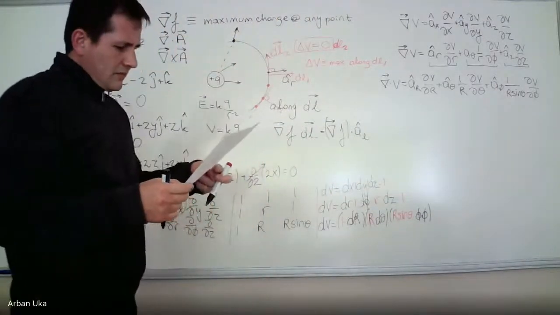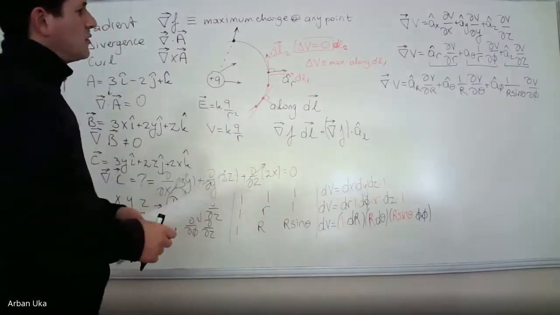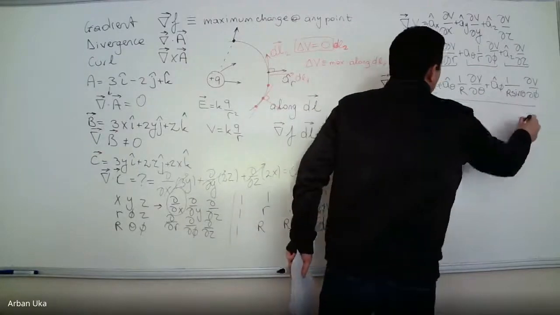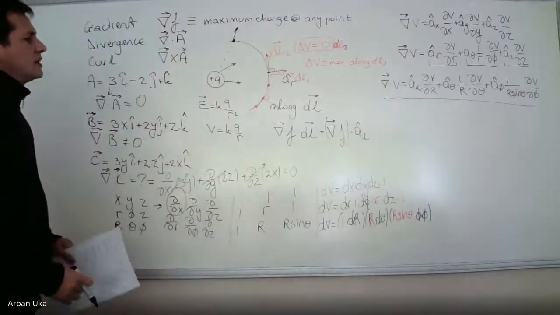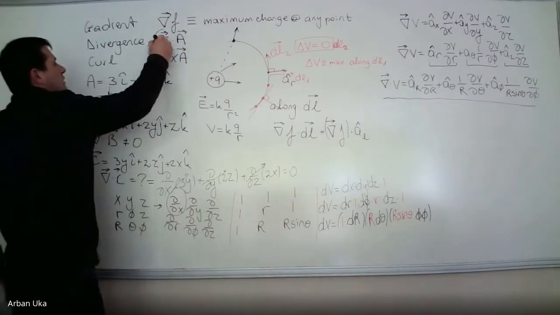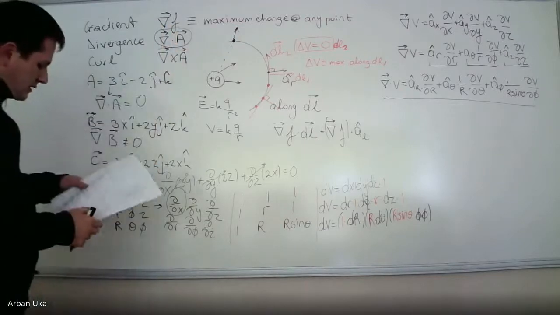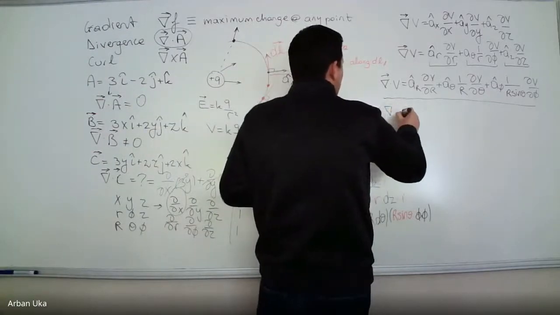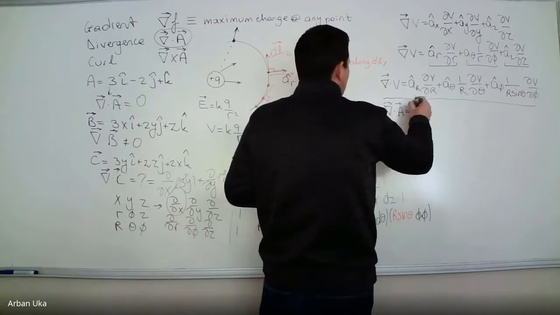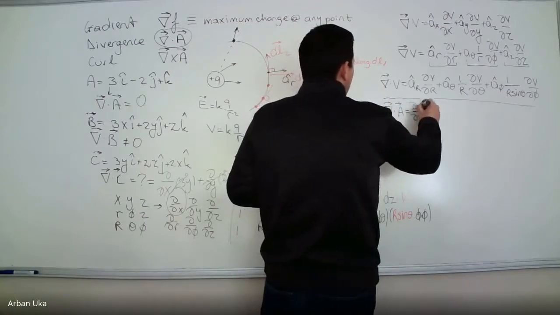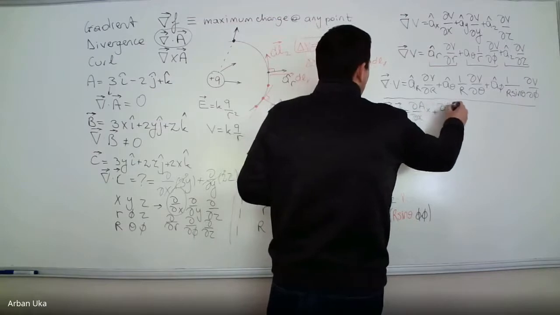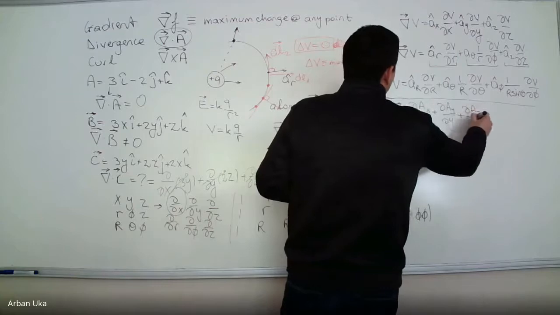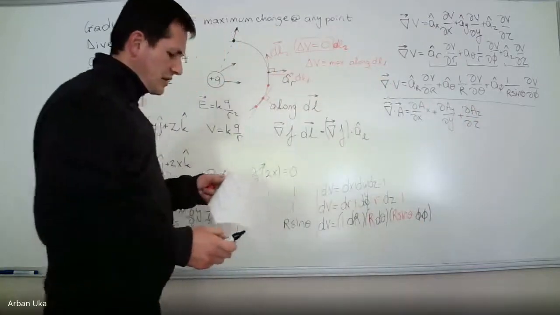Now, we should write also another triplet of equations for the divergence operator. And the divergence, we're talking about this one here, the divergence for Cartesian coordinate system. This is going to be d A_x over dx, plus d A_y over dy plus d A_z over dz.